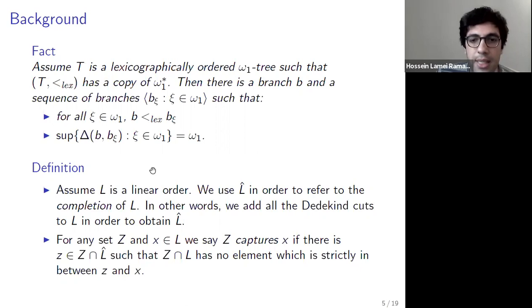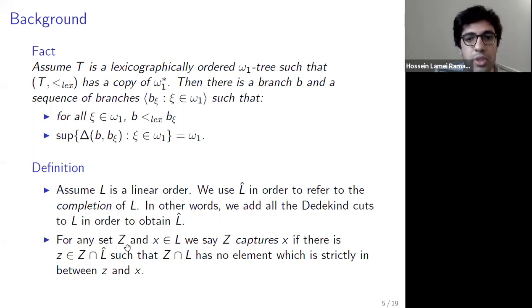Now for any set Z and X in L, we say that Z captures X if there is some cut in Z intersect L hat such that Z intersect L has no element which is strictly in between the cut and X.